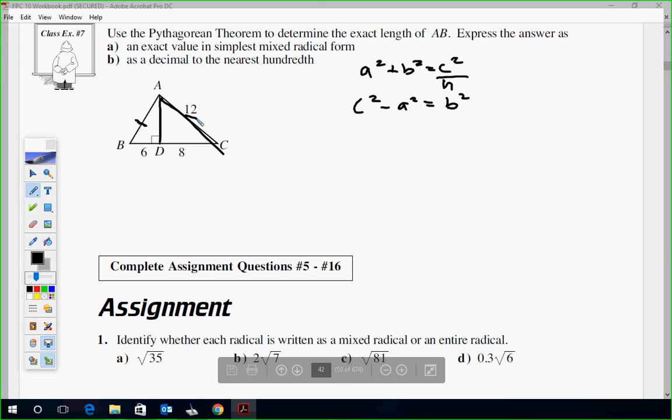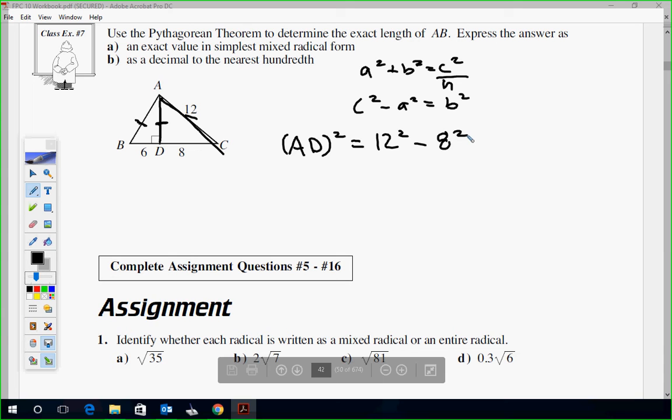So for the first piece, because we want to figure out AD, we're going to go AD squared equals hypotenuse squared minus leg squared. 12 squared minus 8 squared. If you want to use Pythagorean Theorem and you're not used to this, that's fine. You write this plus 8 squared, and then you minus 8 squared. So I'm just saving you a step. I'm not reinventing the wheel or anything.